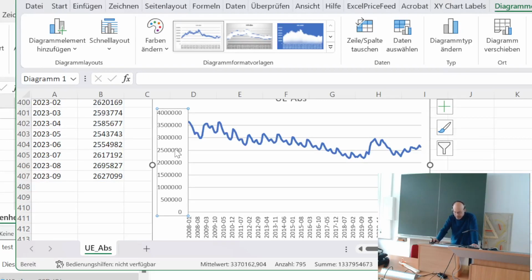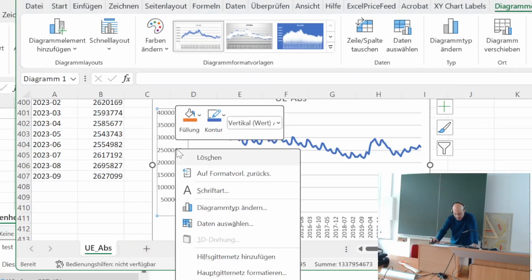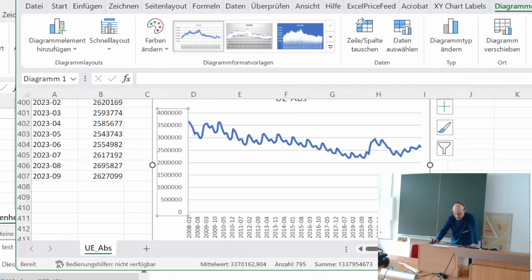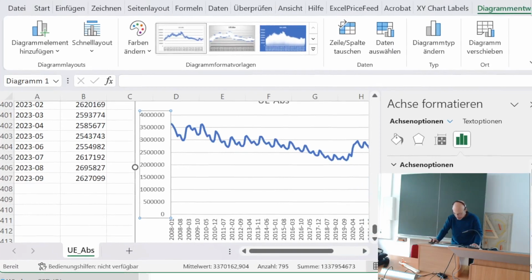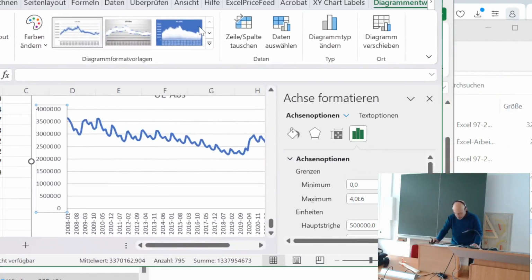And then in order to see a little bit more, we go down here to 2 million on the vertical axis. Here, put just 2 million.